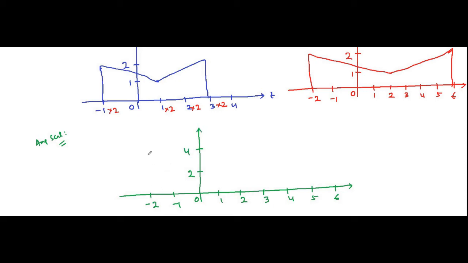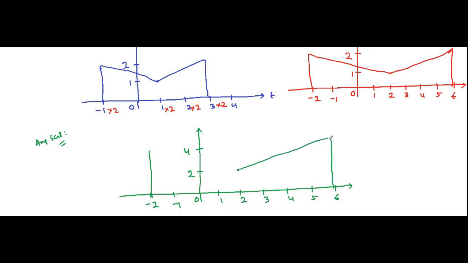At -2, initially the amplitude was 2, in this case it will be 4, and then at 2 it was 1, now it will be twice of that. Again at 6 it is 2 in this signal, but now it will be 4 because it is getting amplitude scaled.